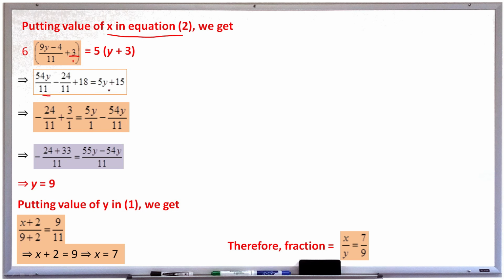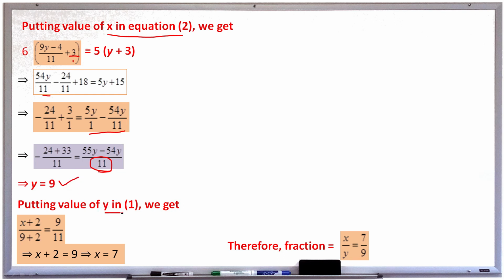After simplifying, the value you will get is 24 minus 24 by 11 plus 3 by 1 is equal to 5y by 1 minus 54y by 11. By taking the LCM of these two, 11 is the LCM. Again simplifying, you will get y is equal to 9.